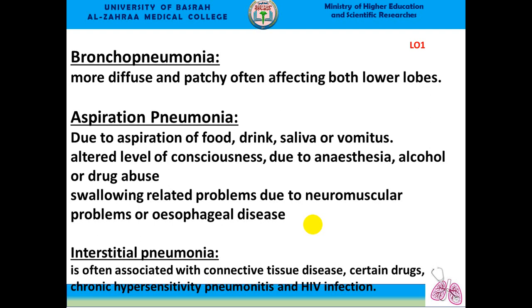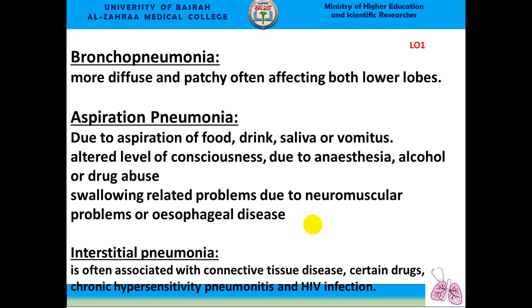Another type of pneumonia is called interstitial pneumonia. And interstitial pneumonia is often associated with connective tissue disease. And by connective tissue disease, we mean diseases that affect the connective tissue of the body, like rheumatoid arthritis, systemic lupus erythematosus, scleroderma. These connective tissue diseases, if they are associated with pneumonia, we call it interstitial pneumonia.